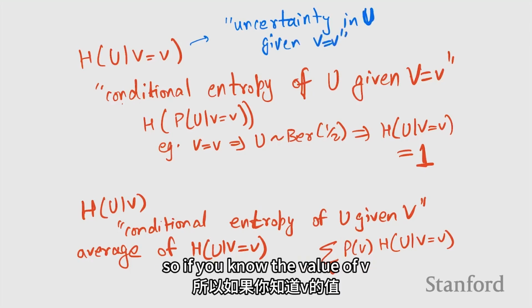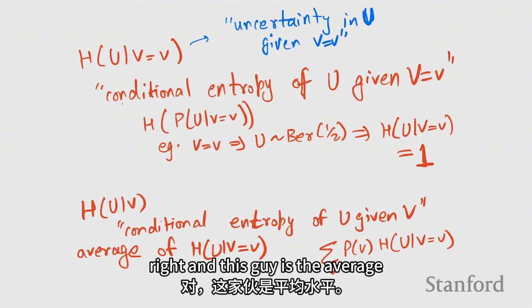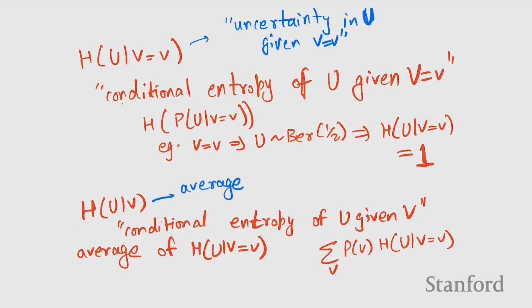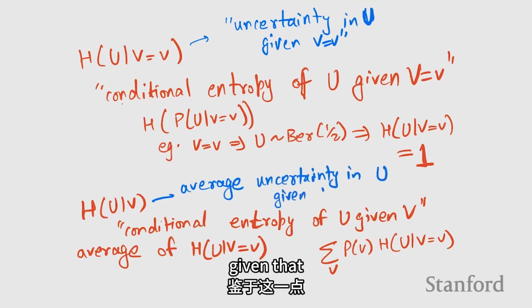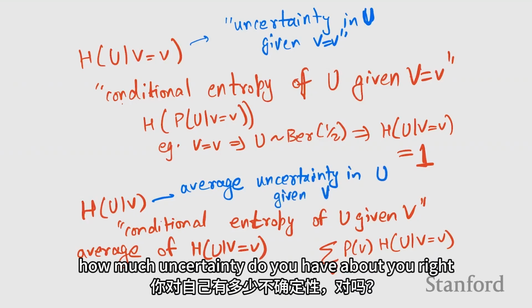So if you know the value of v, what is the uncertainty in U? And this guy is the average uncertainty in U given V. So on average, if you know V, how much uncertainty do you have about U?